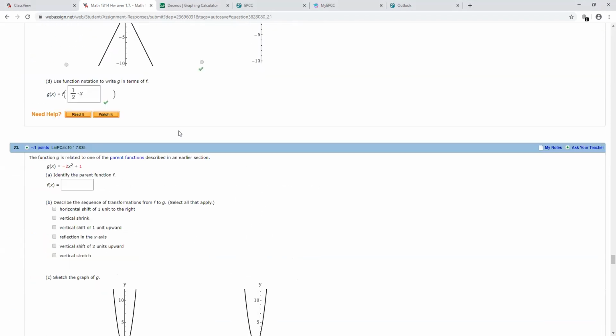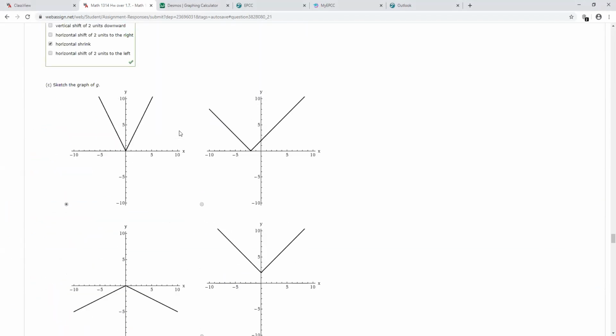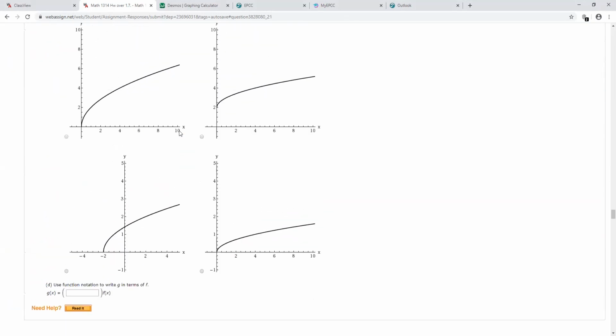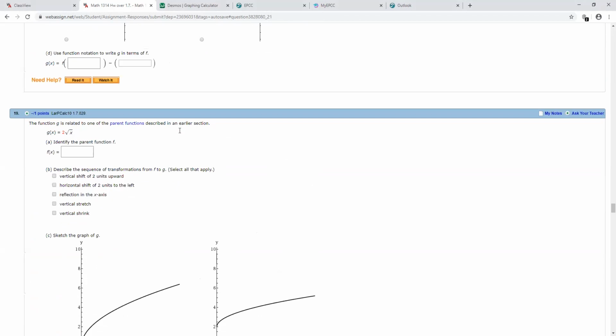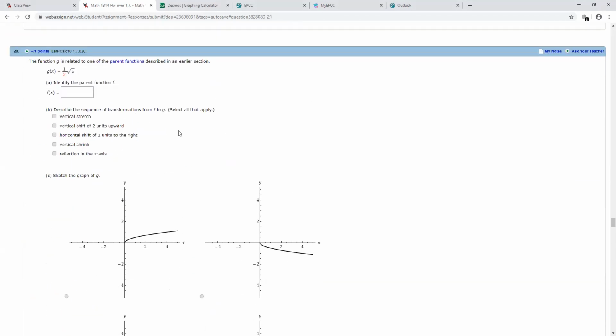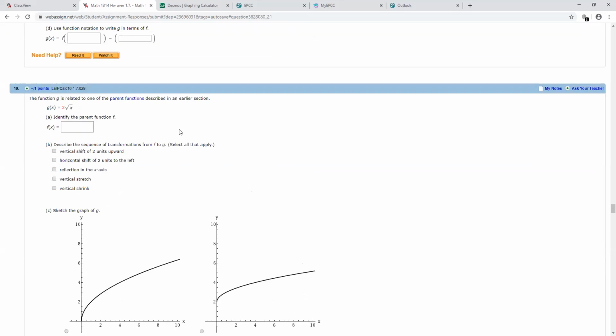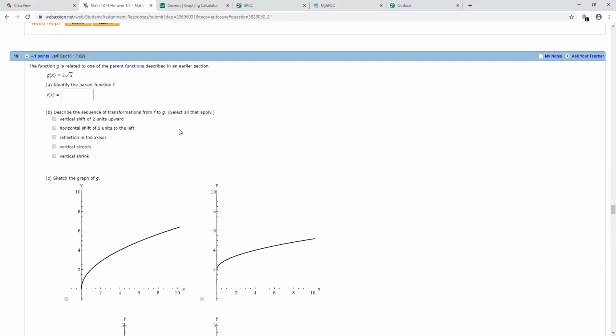I want to come back up this way then. Okay, so how about this one? So Griselda, what's happening? What is this function right here coming from? What was the parent function?